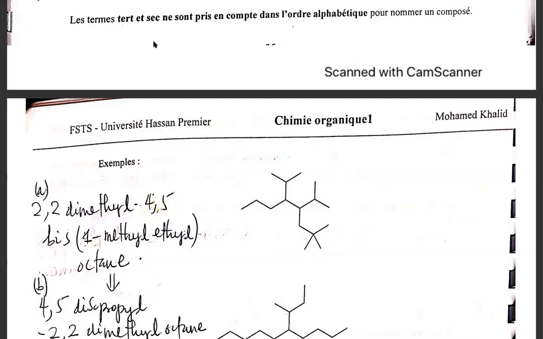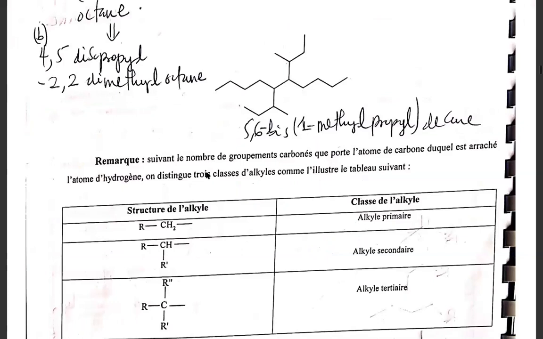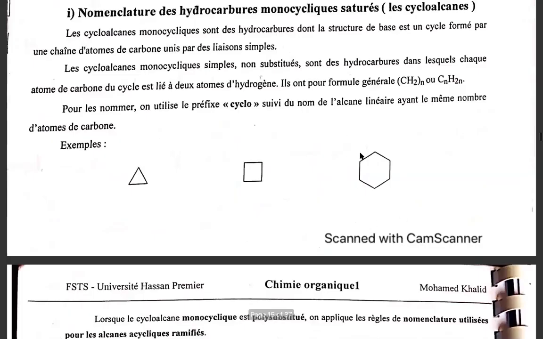Then, we are done with the class of ramifié hydrocarbons. We are going to look at the aliphatic cyclic hydrocarbons, which are the likes of cyclohexane, cyclobutane, and cyclopropane.